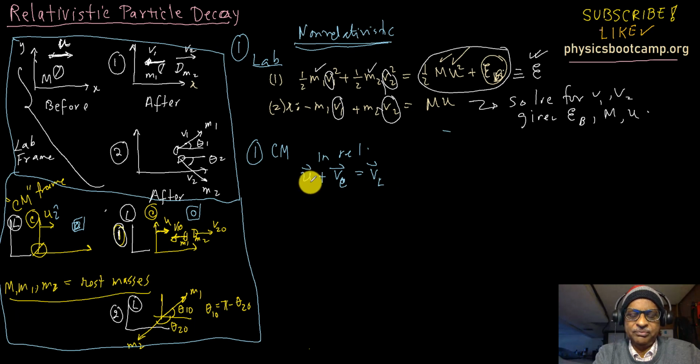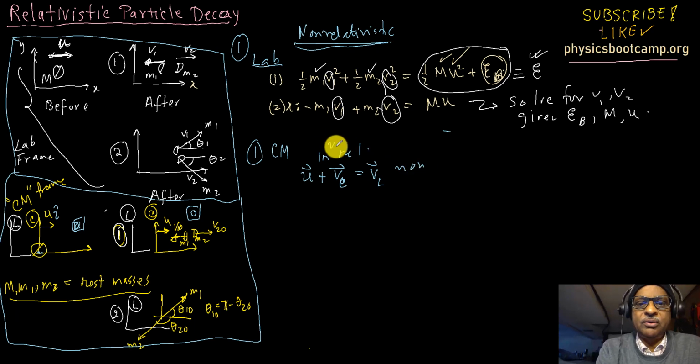If u equals v with respect to the lab, something like this is in the lab going u and this is going u. So this is going to be the same, right? So this will be a relationship between the two in the non-relativistic case.